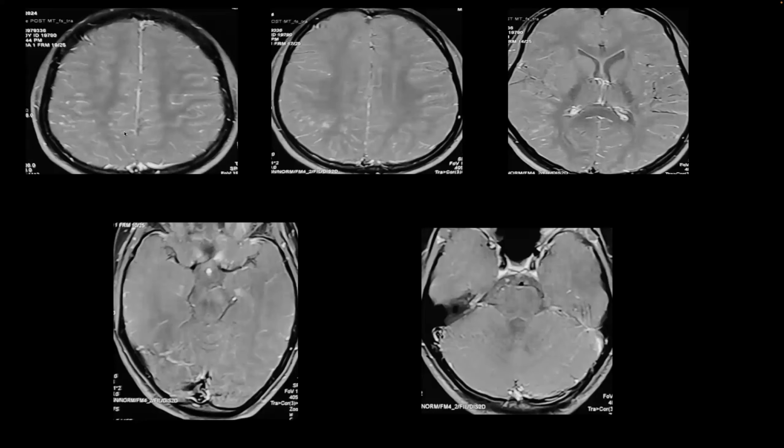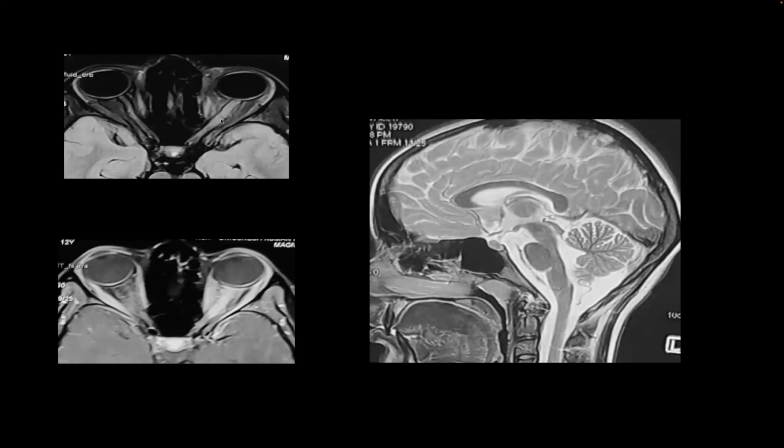Post contrast study, again, patchy areas of abnormal enhancement in the right parietal lobe, the temporal lobe out here. I'll come to the optic nerves, but these were the main changes on the post contrast brain sequences. Optic nerves, bilateral edematous changes, but the left is more severely involved in comparison to the right.